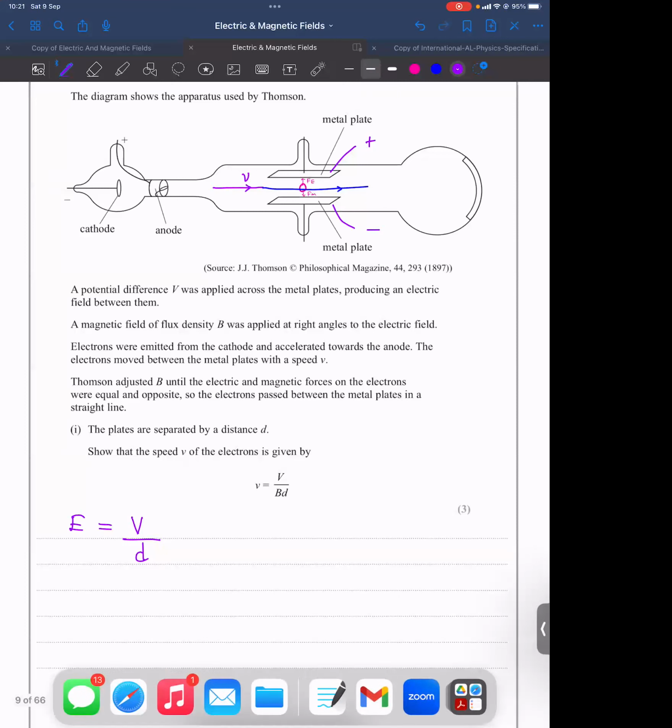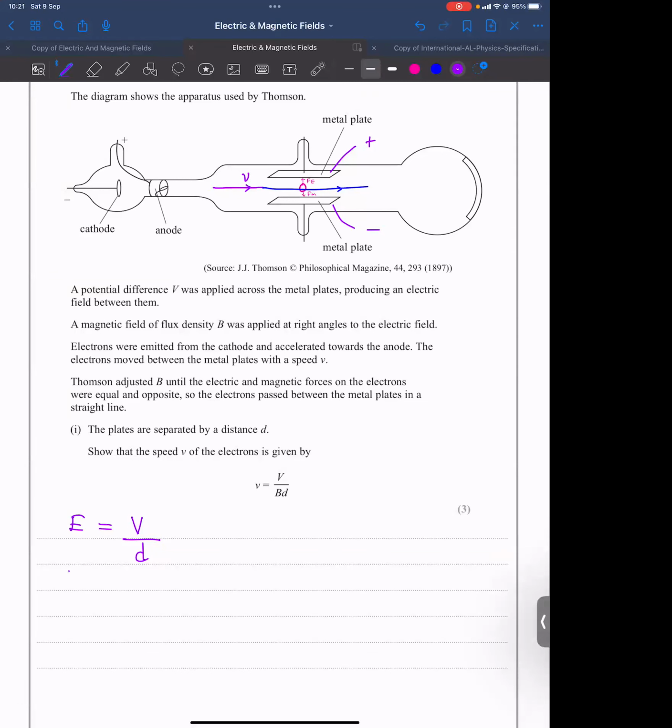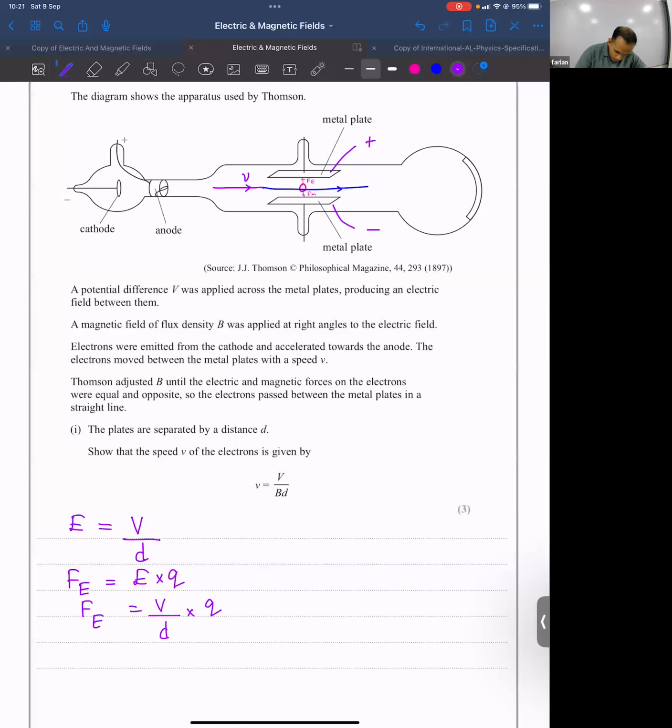So the force due to the electric field will be F equals E into Q, electric field strength into charge. Agree? So force due to the electric field, if E is V over d, will be V over d into Q.